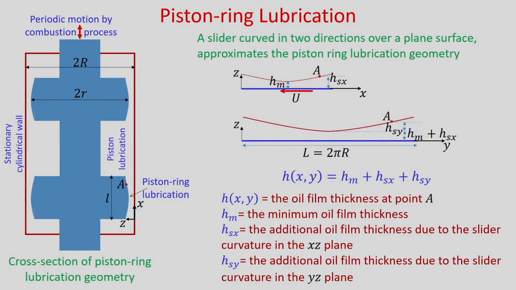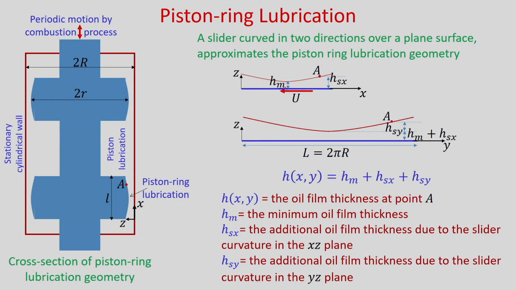Now, if you consider one point on this ring, let us say this is A. The relative motion between this ring and the cylinder is u, so we only have motion in the x direction. If you consider this curved surface, this is z, this is x, and this is the cylinder surface.